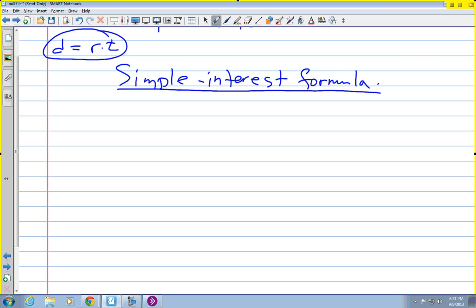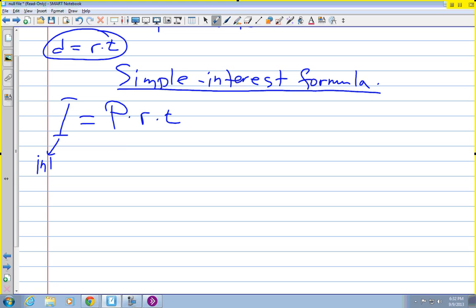And when we get all the way to exponential logarithmic functions, we'll talk about other types of interest formulas. But the simple interest is just that. It's simple. It's easy to compute. The interest equals P, which is the principal, your initial investment or initial amount, whatever, times the rate times the time. Okay, so that's just computing the interest.